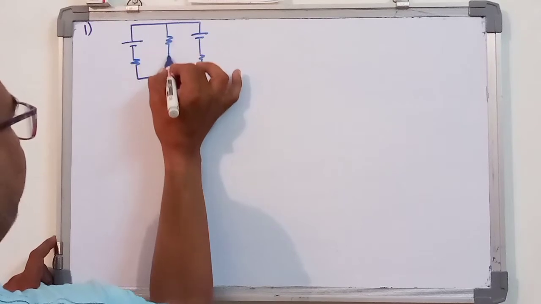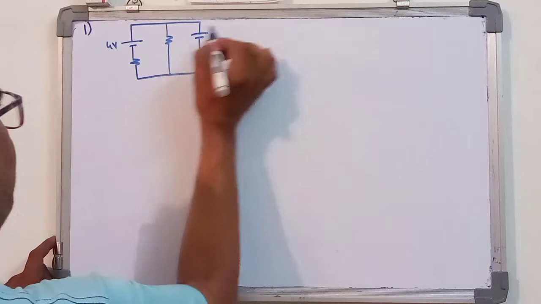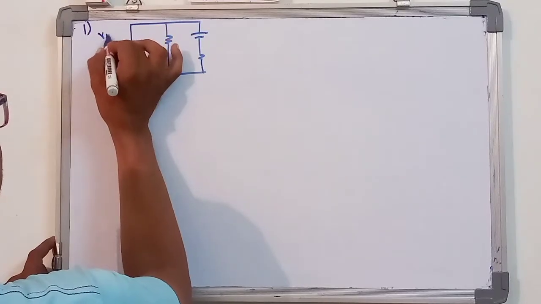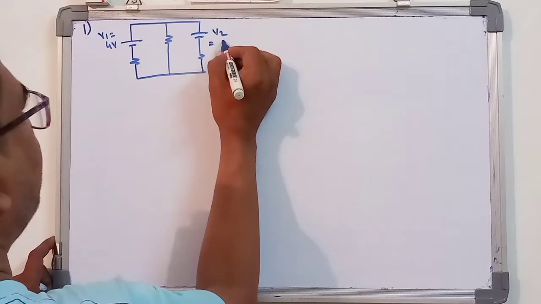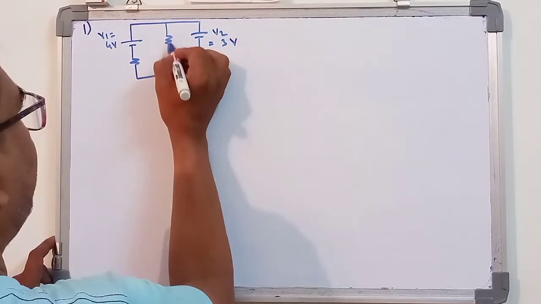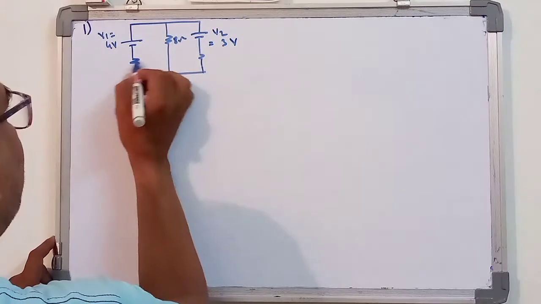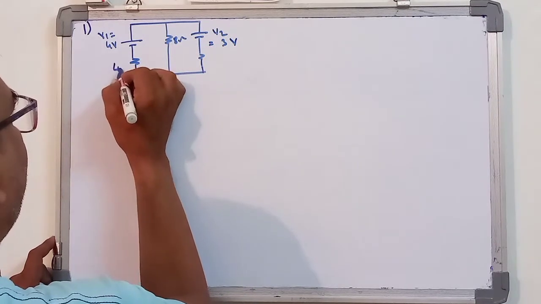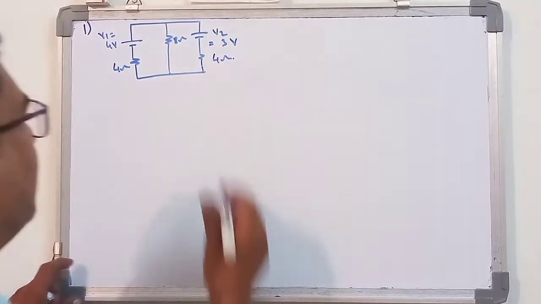They are separated by one resistor like this. V1 is equal to 4 volts, V2 is equal to 3 volts. In between, the resistor has a value of 8 ohms, the first resistor is 4 ohms and the second resistor is 4 ohms.